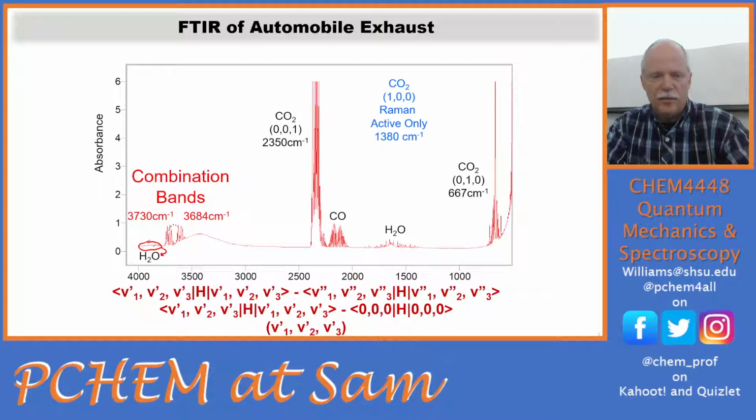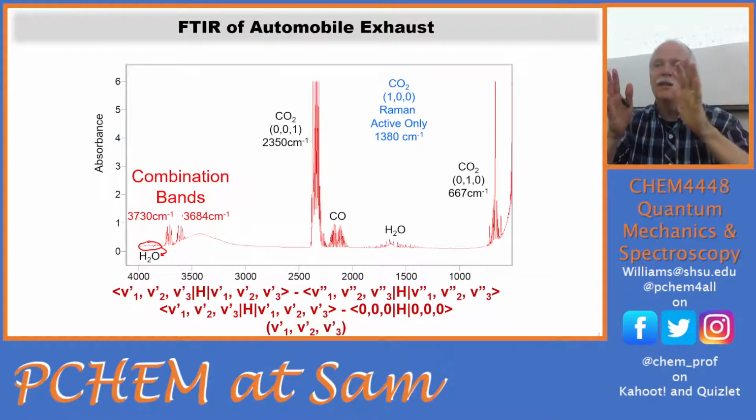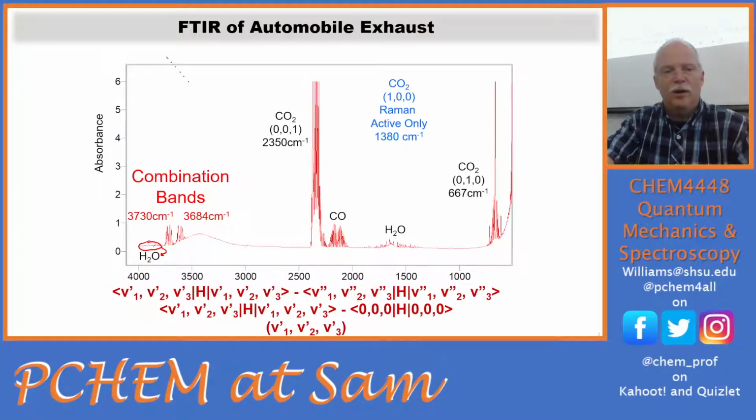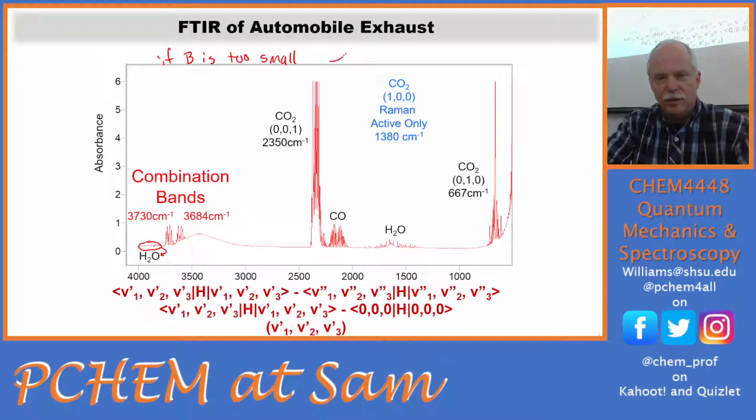Okay. But we have these other peaks that are pretty strong, and they show rovibrational transitions. And so we know that they're a small gas phase molecule that actually is resolvable. So it's really small, meaning B values are big enough that we can see the separation of the rotational peaks. If B is too small, the spectrum just looks like this.